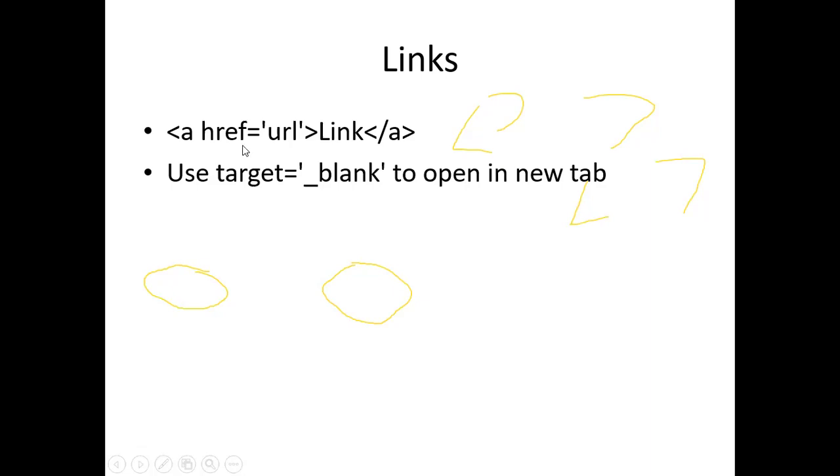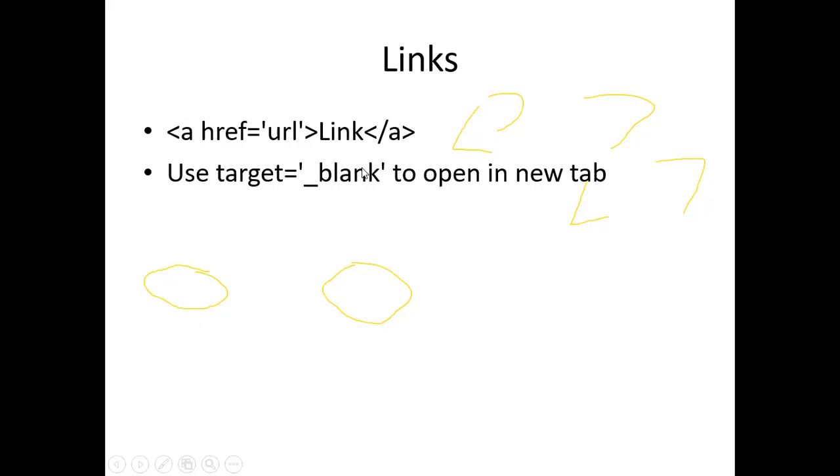It is a hyperlink reference. You can mention the URL of the reference that you want to give. If you click on that URL, you are going to be connected to that URL. So that is the use of the anchor tag.